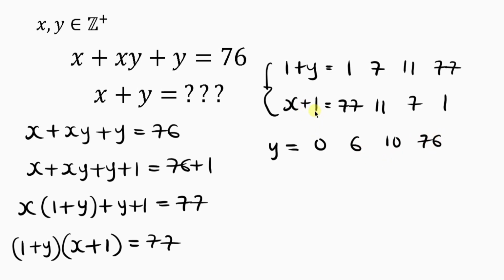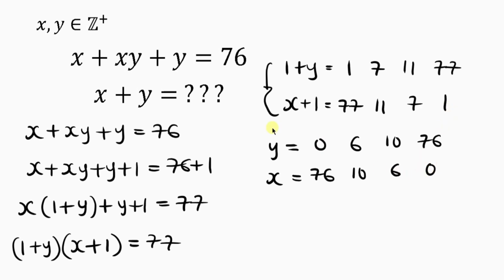Now let's do the same thing to this one. Move 1 to the right-hand side, which is going to be minus 1. This is the one for x. 77 minus 1, we got 76. 11 minus 1 is 10. 7 minus 1 is 6. Then 1 minus 1 is 0.